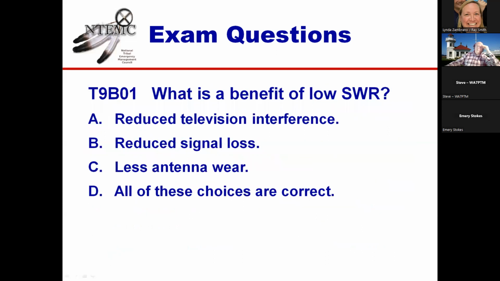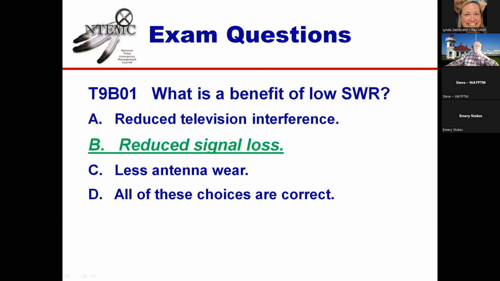So that's why it's the most common. It's not necessarily the best for certain purposes, but it is easiest to use. What is a benefit of low SWR? What did we talk about as the disadvantage of a high SWR? It's going to cause a lot of signal loss. So low SWR is going to reduce your signal loss.